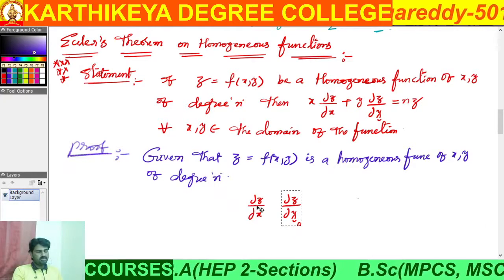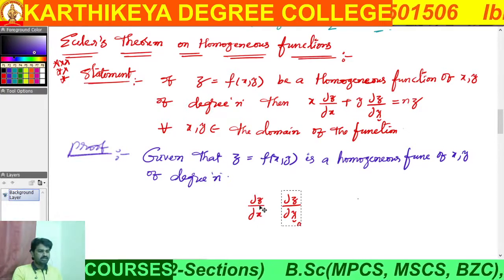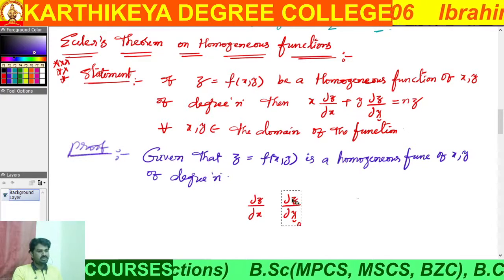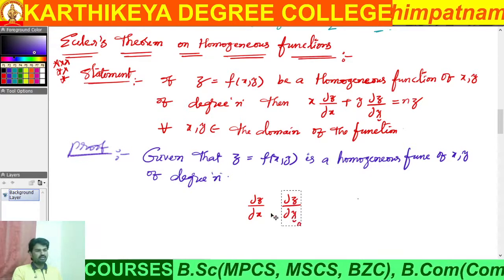What is the meaning of dou z by dou x? Dou z by dou x means the partial derivative of z with respect to x. Dou z by dou y means the partial derivative of z with respect to y.